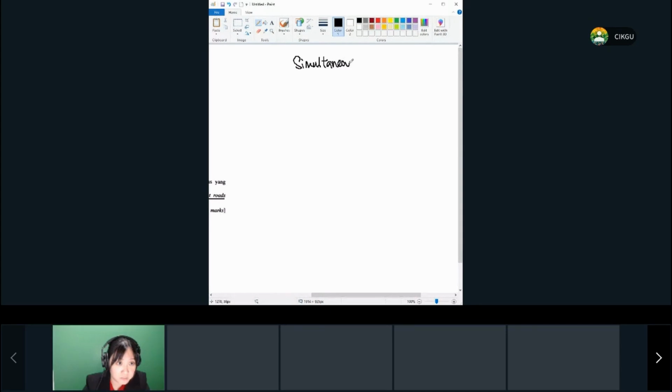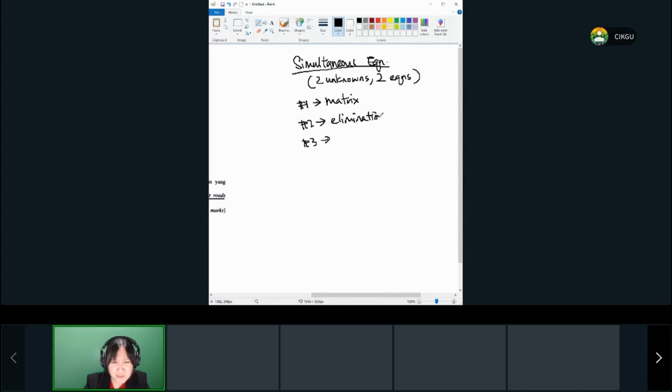You always have two unknowns and two equations, like we discussed. Method number 1 is what we're going to look at here: you use matrix to solve. Methods 2 and 3 we will go through later, and one is called elimination. You don't have to memorize the name, you just need to know how to do it.